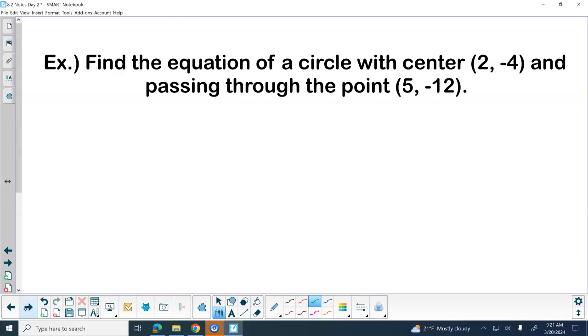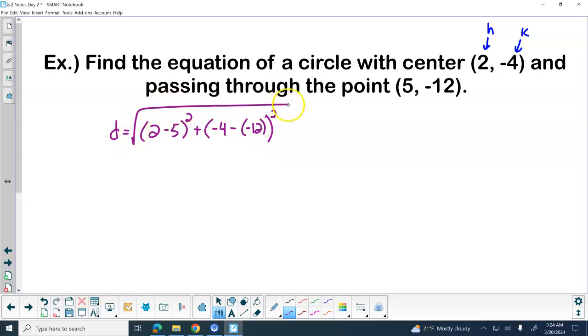Try that one. Find the equation of the circle with the center at 2 comma negative 4 and passing through the point 5 comma negative 12. 2 minus 5 is negative 3.